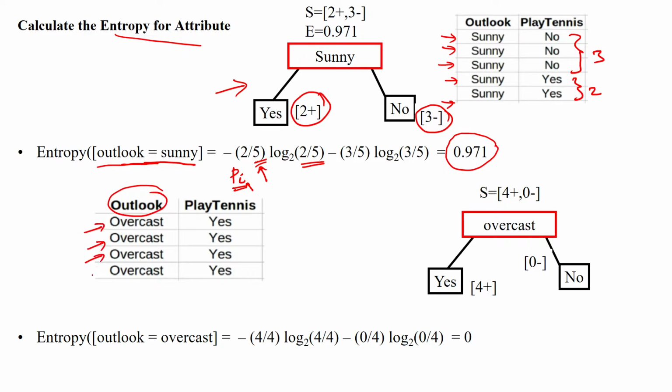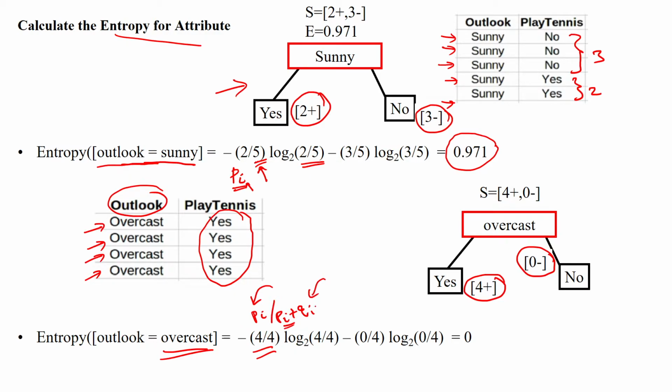When you substitute this, all the samples belong to a single class, all positive, with zero negative samples. In that case, when you substitute the values, pi divided by pi plus qi, that means the number of positive samples when outlook equals overcast divided by the number of positive samples plus the number of negative samples when outlook equals overcast.